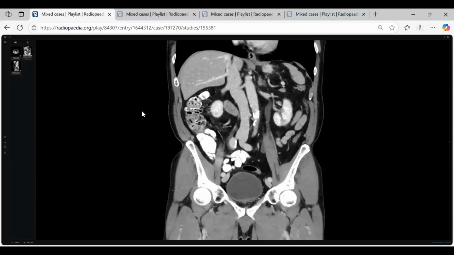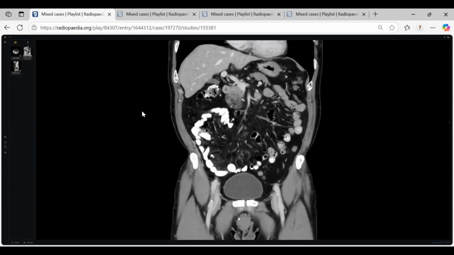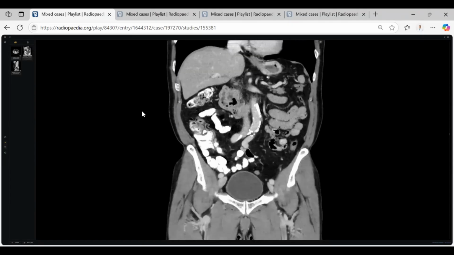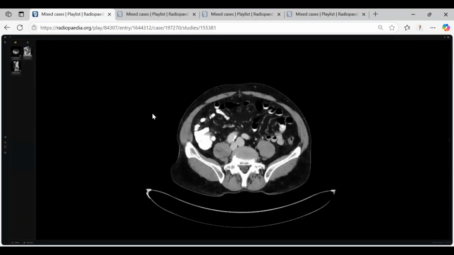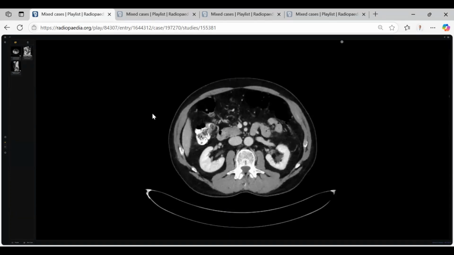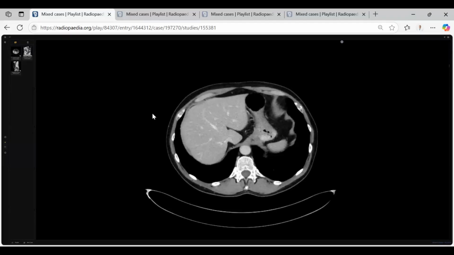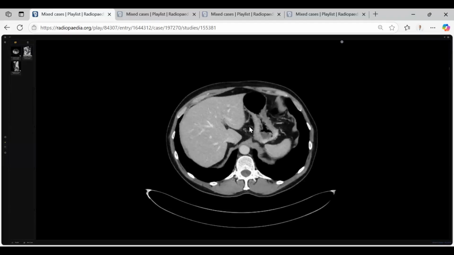See here, see the fundus. Look, my friends, this is a case scenario of subtle finding. Look at the fundus. There is hyperenhancement, and there is a mass here. Very small. See here also. Look, this is a mass, and this is enhancement.